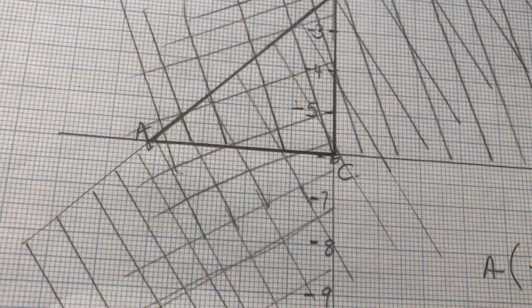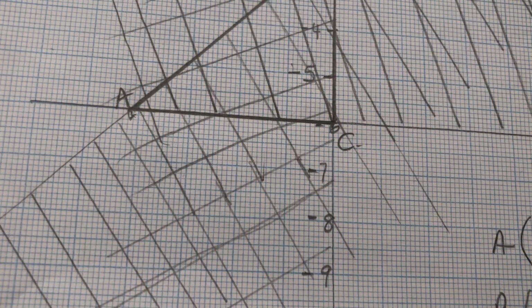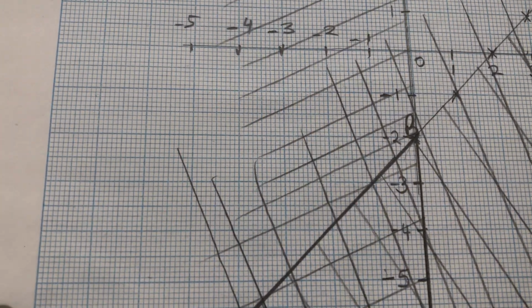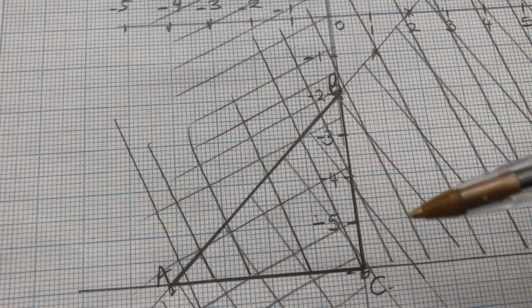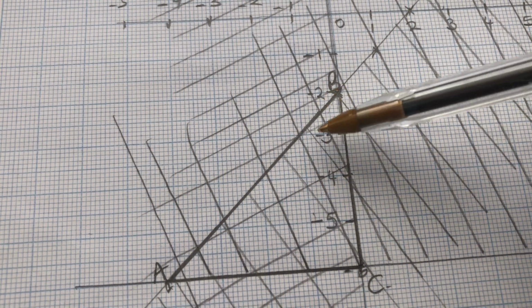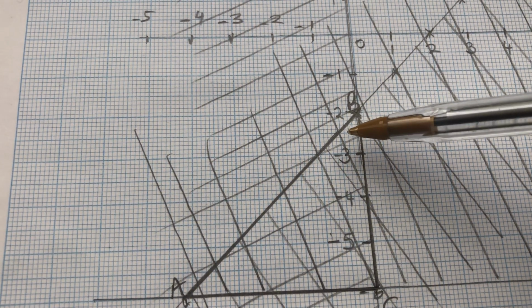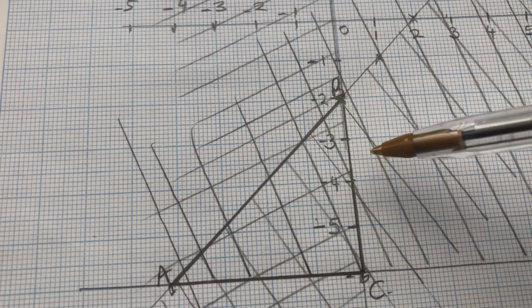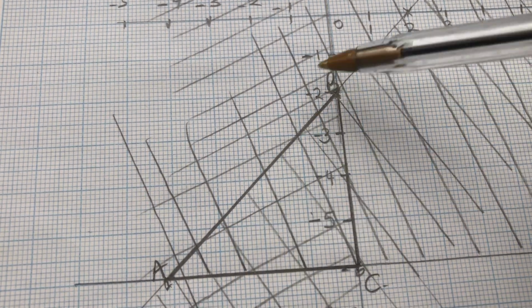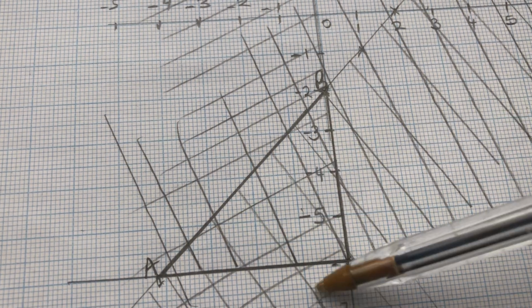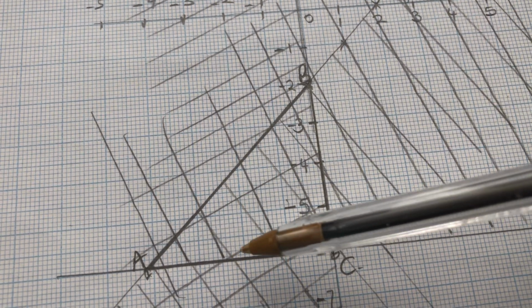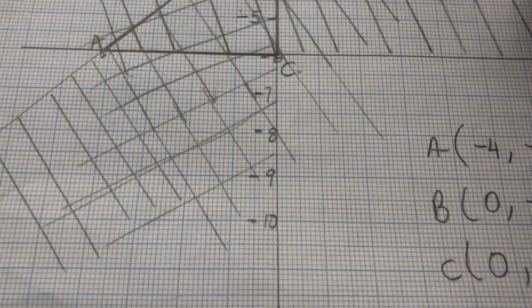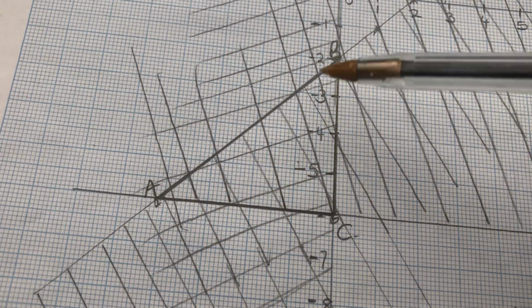But if it's just one graph, or if it's still three graphs, you can shade the right region, as long as you can see the shading. This line here, you can see the shading going down, and that line there, the shading going up.